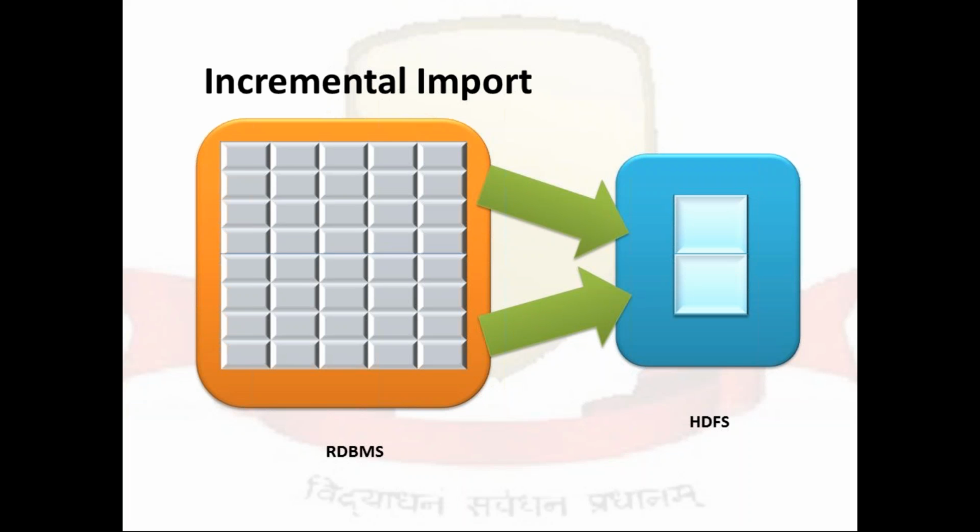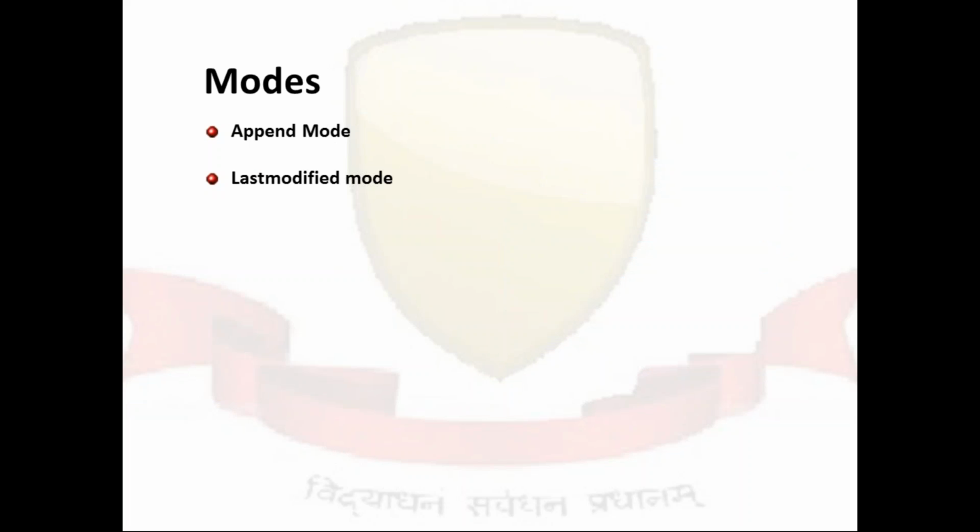Now, Sqoop supports two incremental imports, or it can be done in two different modes. The first one is append mode. In append mode, Sqoop keeps track of the previously imported data through a numerical column which is unique and is incremented whenever new rows are added.